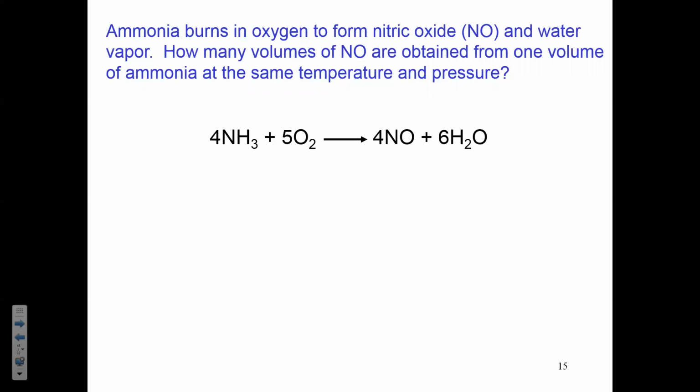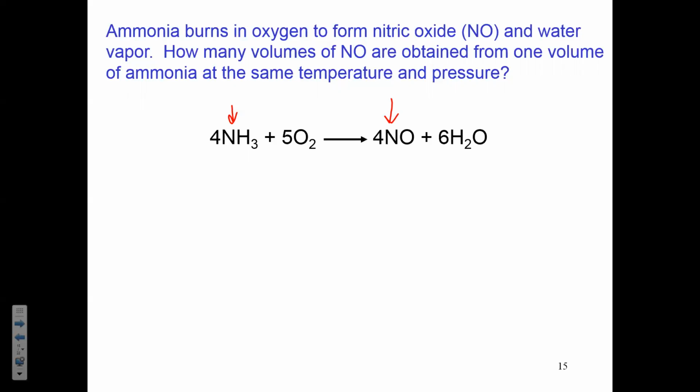This one, the equation isn't even going to be a lot of numbers, but if I look at what they're looking at, they are looking at how many volumes of NO, right? So here's NO, obtained from 1 volume of ammonia, which is right here.